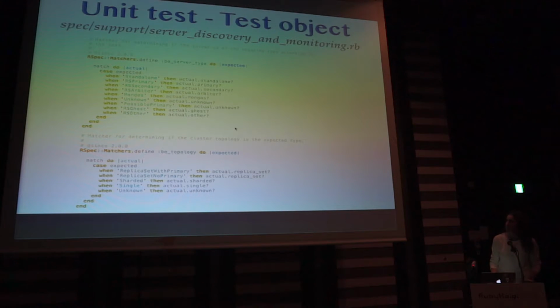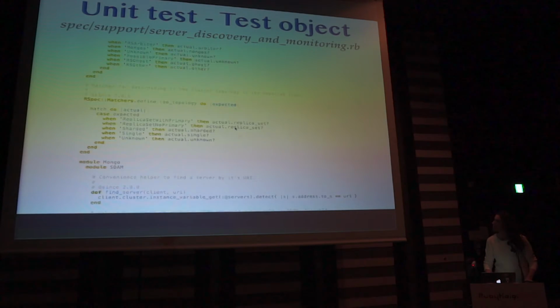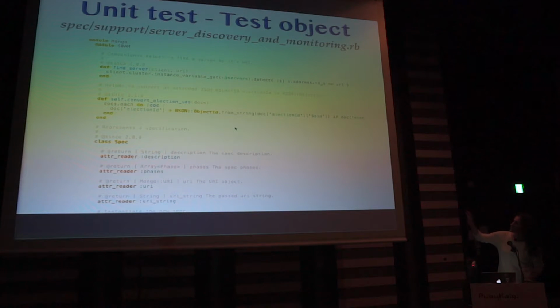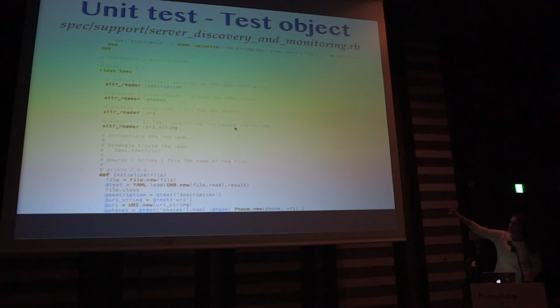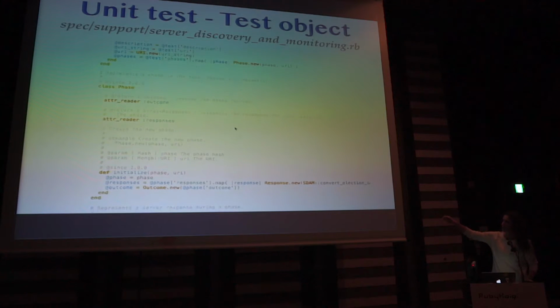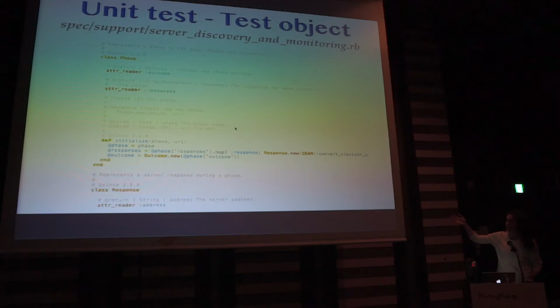The beginning is some custom matchers that we use with RSpec. And then this is some global helper methods. And then the spec object is the object that reads in the YAML file, you'll see in that line there, and assigns it to a variable called test and then creates phases out of it.